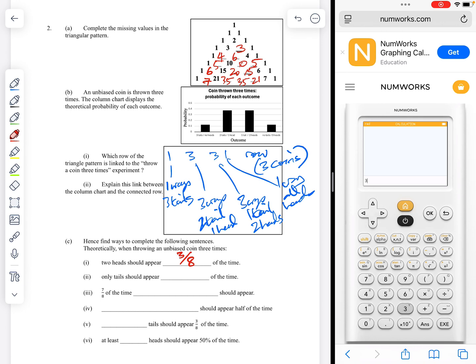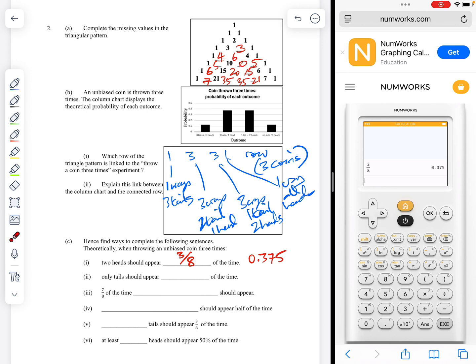If we wanted that as a decimal, 3 divided by 8, enter, we get 0.375 will be the probability of getting 2 heads. 3/8 is the probability, 0.375 is the probability.